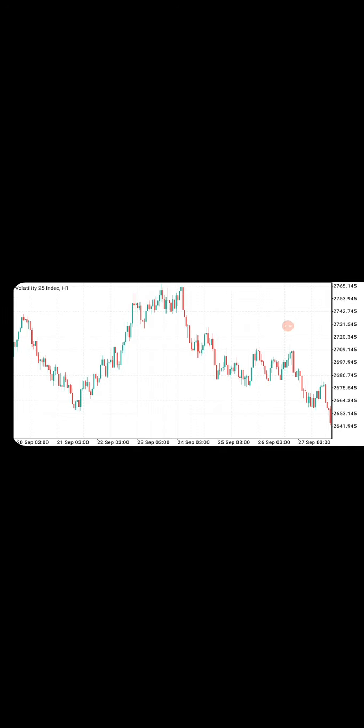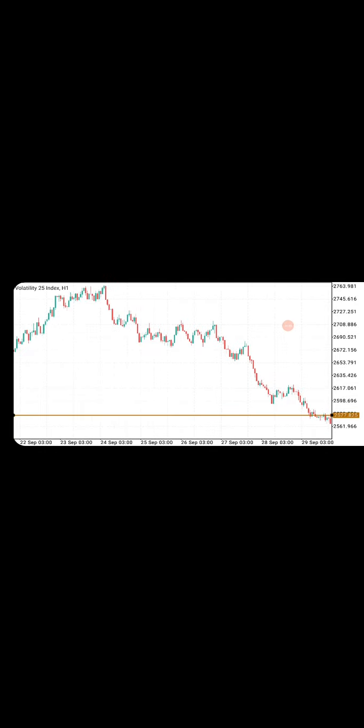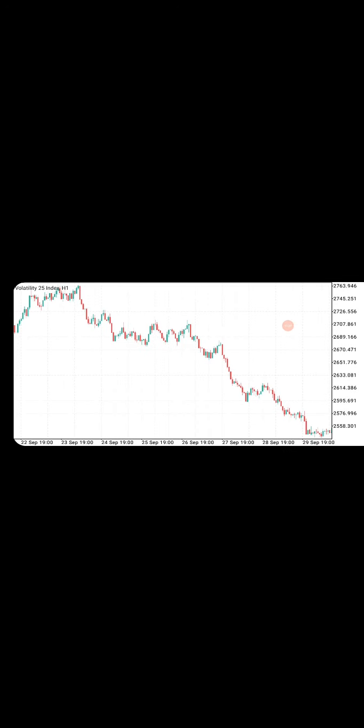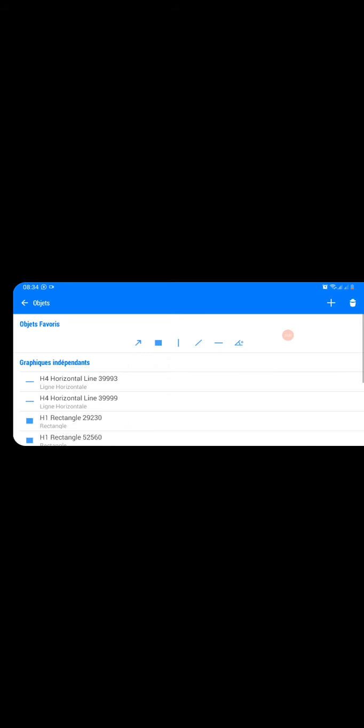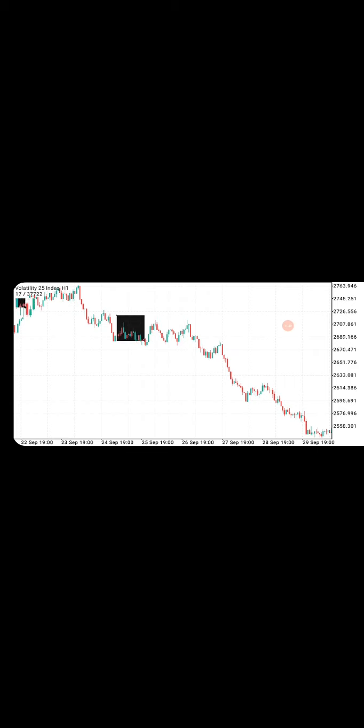So the strategy says that after a range, maybe you know a range, or if you don't know, allow me to teach you what a range is. A range is like a market consolidation. It means that the market moves, but from a general perspective, the market is going nowhere.